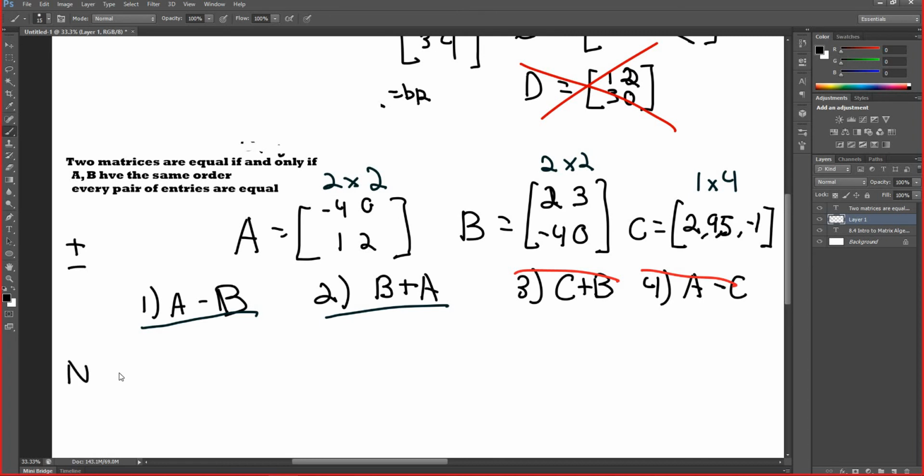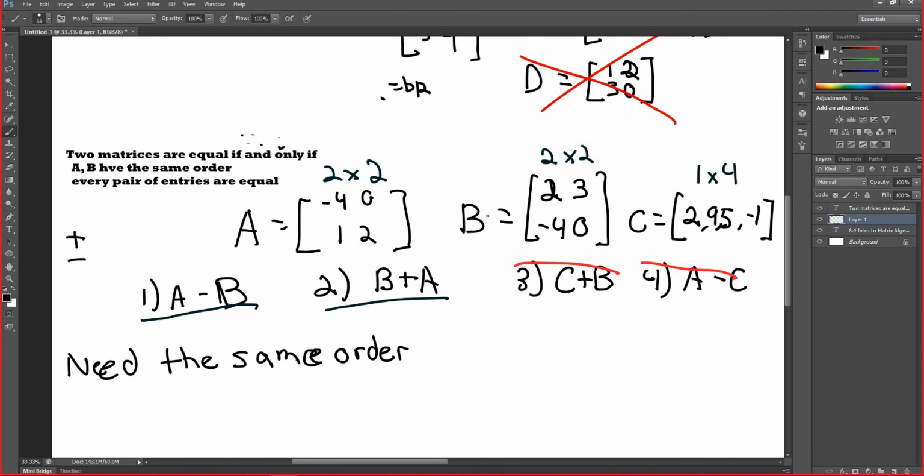So we need the same order. I need to go back to using the text tool. So if we don't have the same order, we can't add or subtract.